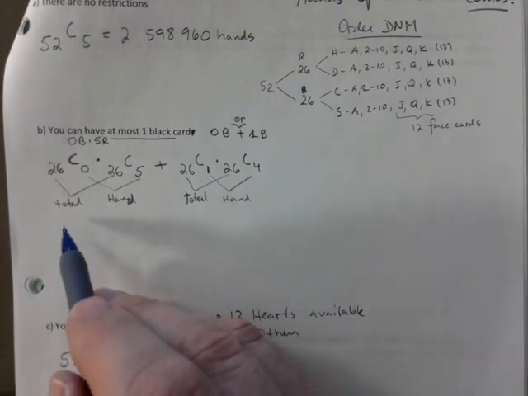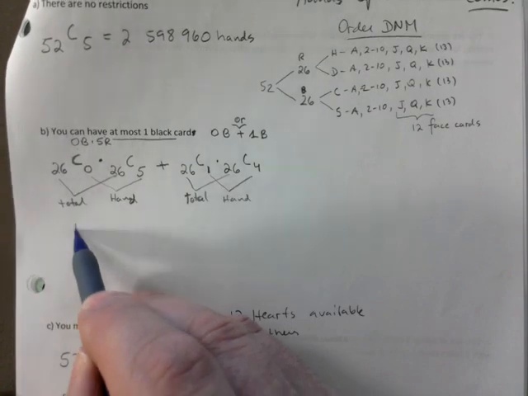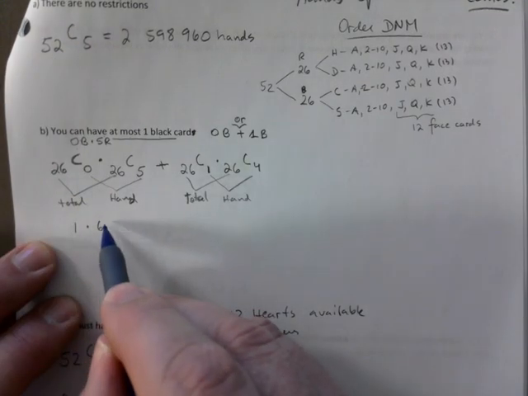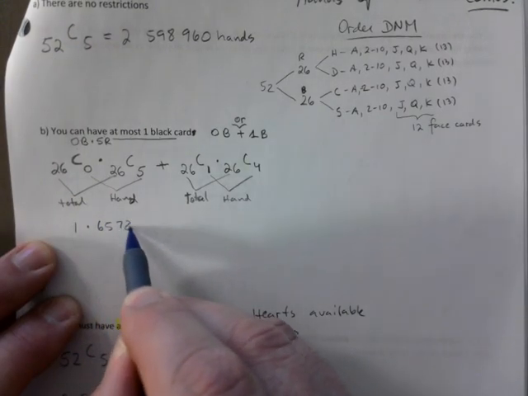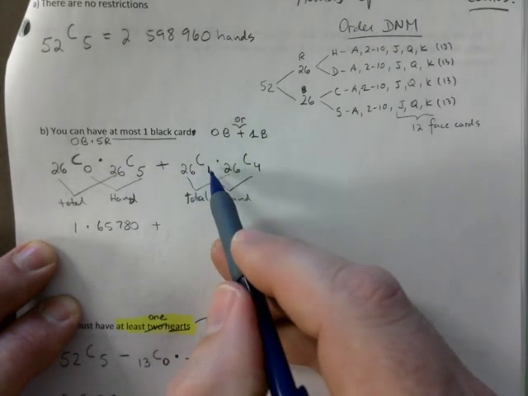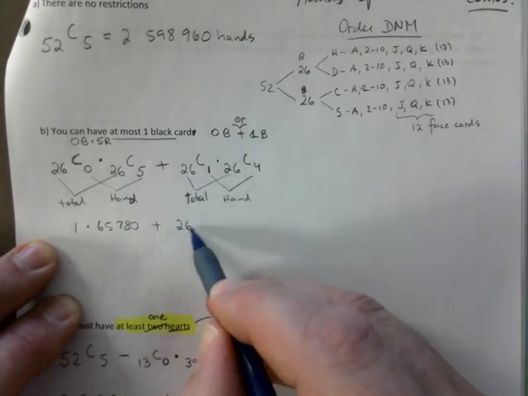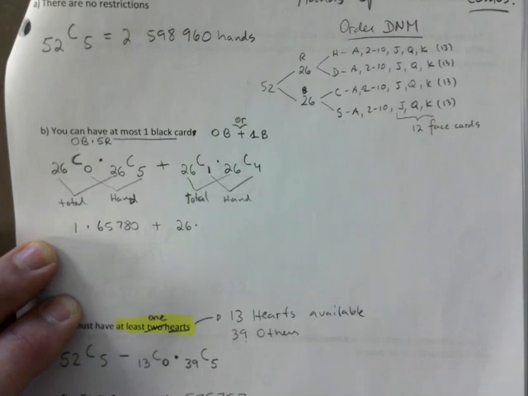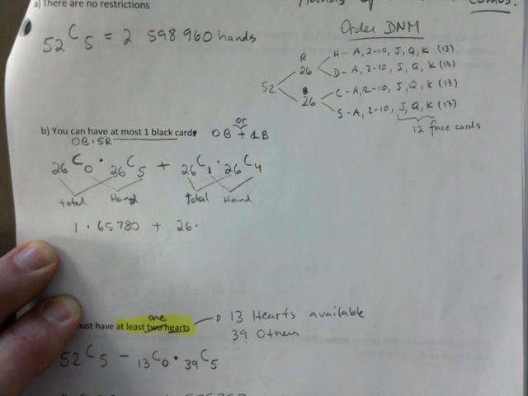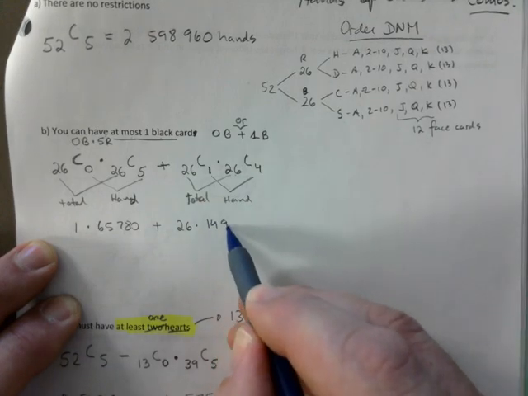So we're going to go 26 choose 0 is just 1. 26 choose 5 is 65,780, plus 26 choose 1 is just 26. You can try it out just to make sure. And 26 choose 4 is 14,950.